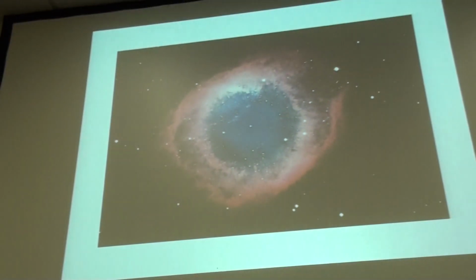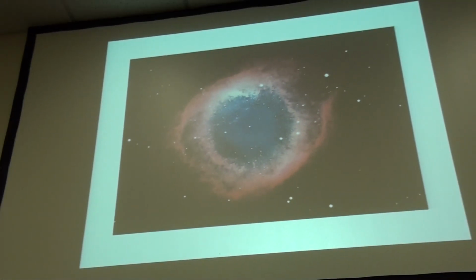And so that's one possibility for the death of a star. And so the majority of stars will end up like this, because the majority of stars have a mass that's less than about 1.4 times the mass of our sun once the carbon core has formed.